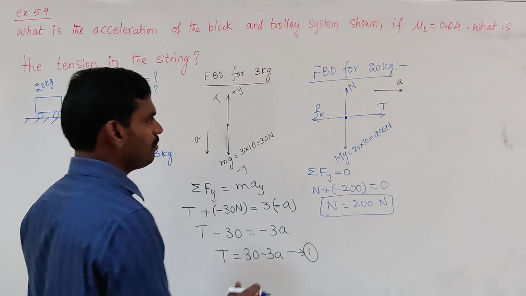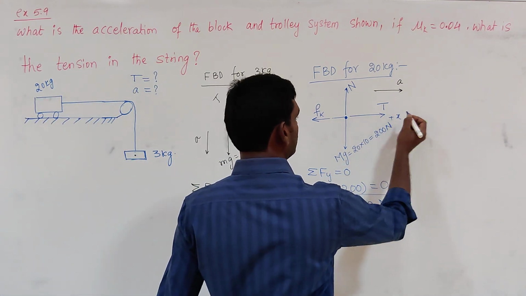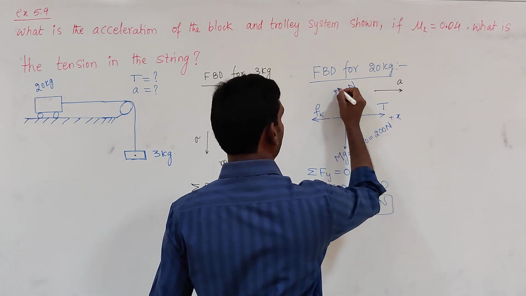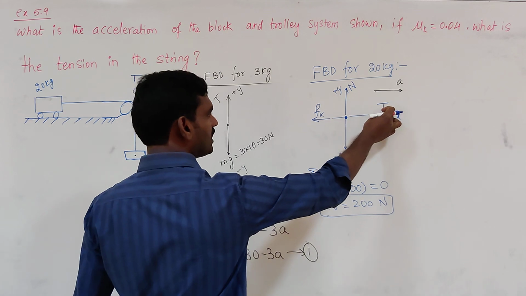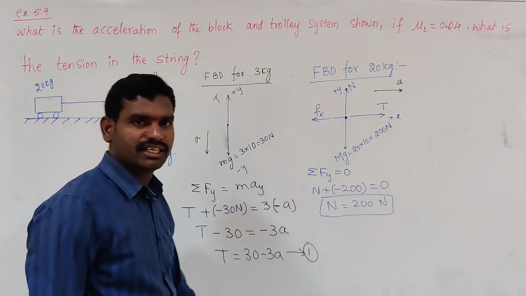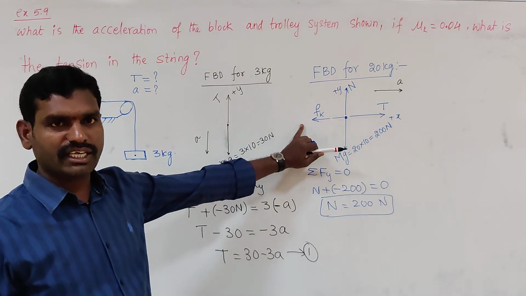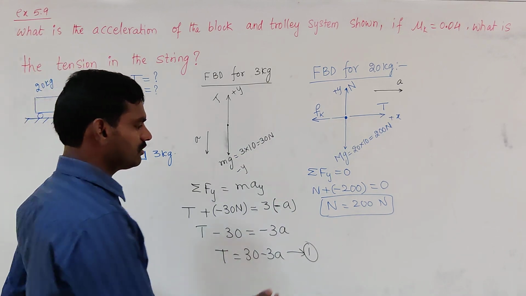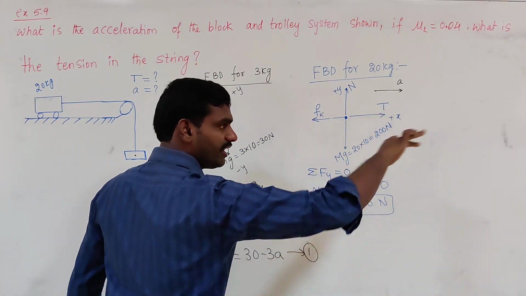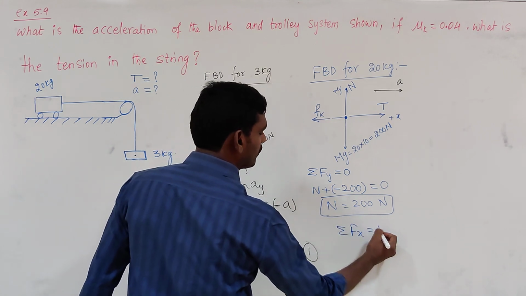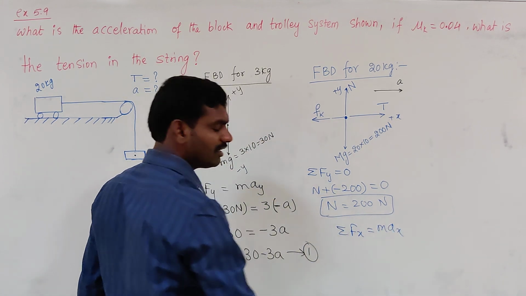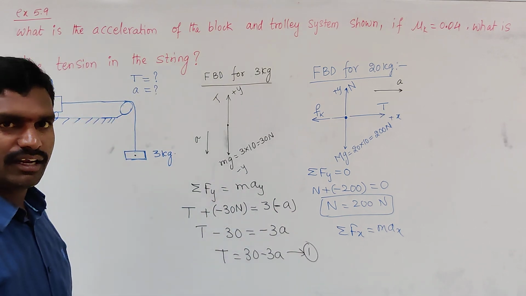Now we need to apply Newton's law for the x component. What are the forces acting along the x component? Tension force is acting along the positive x-axis and frictional force is acting along the negative x-axis. So acceleration is there along the x-axis, so the summation of forces along the x-axis equals max because the body is accelerating along the x-axis.